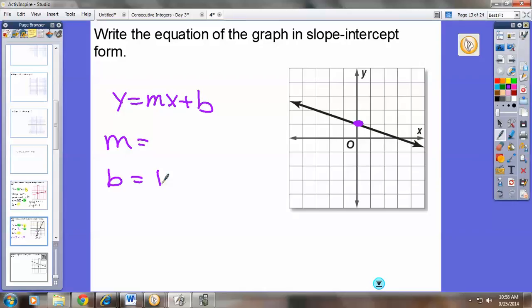Can someone give me an ordered pair for another point I could use to help me find my slope? Isaac. Negative 1, 3. Negative 3, 2.